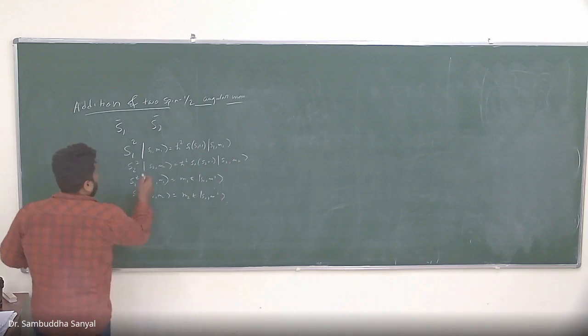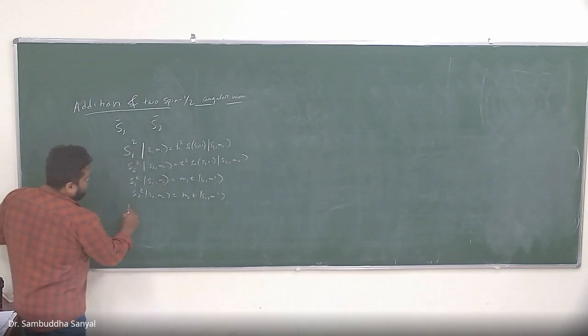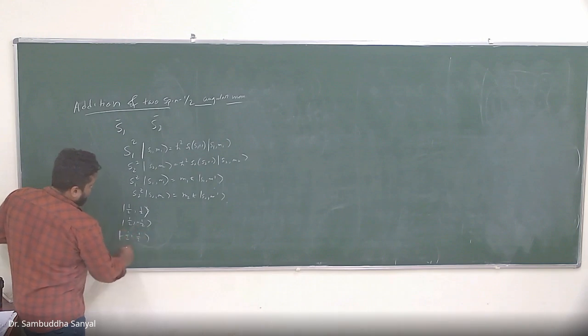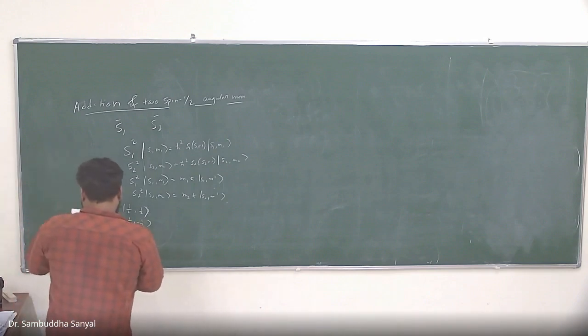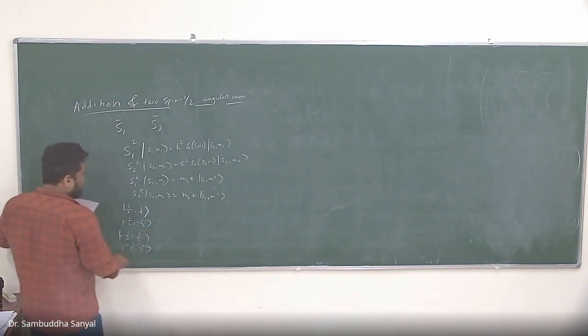Generally, let's say if I have spin half, I write it as half half, half minus half, minus half half, minus half minus half. Actually, sorry, I should not.